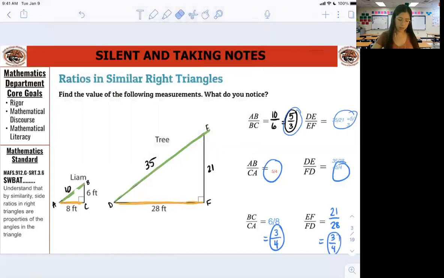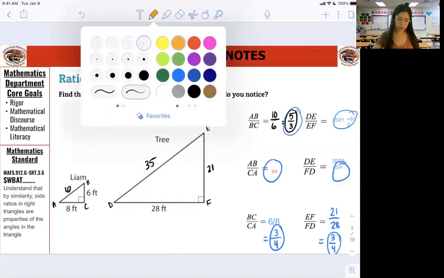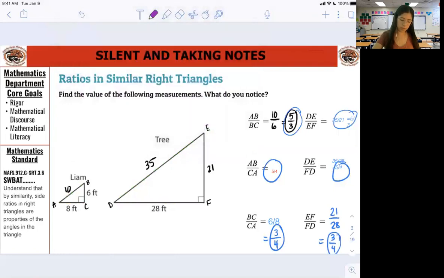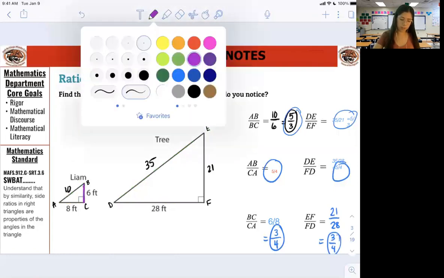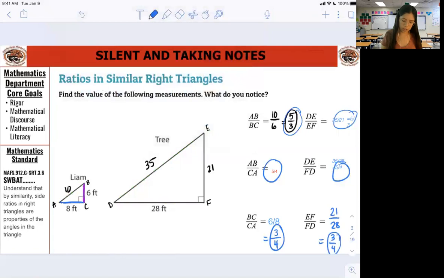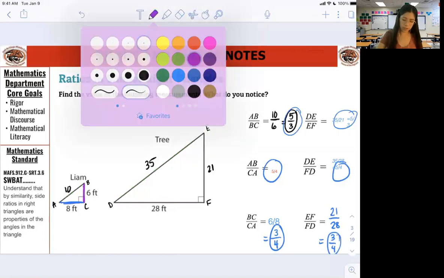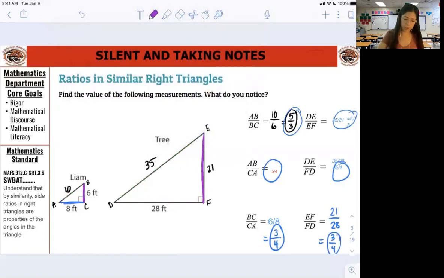And then in the last one, I was doing BC over CA, so that was shorter leg over longer leg. And same thing with the other triangle. Since we have similar triangles, all of those ratios end up being the same, which is going to be extremely, extremely important to understand when we move on to the next slide.